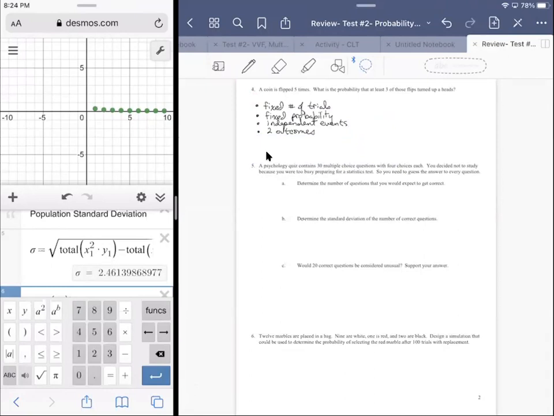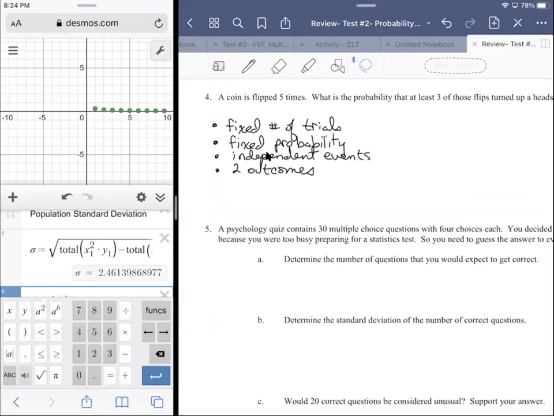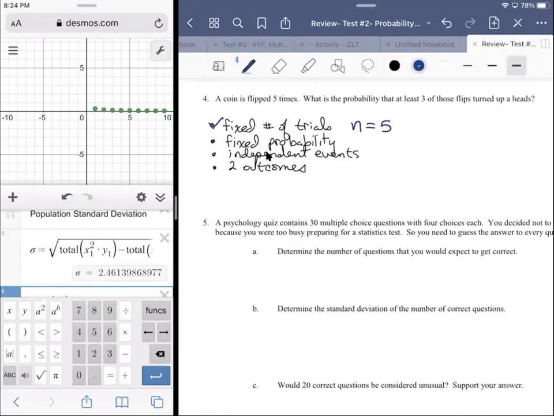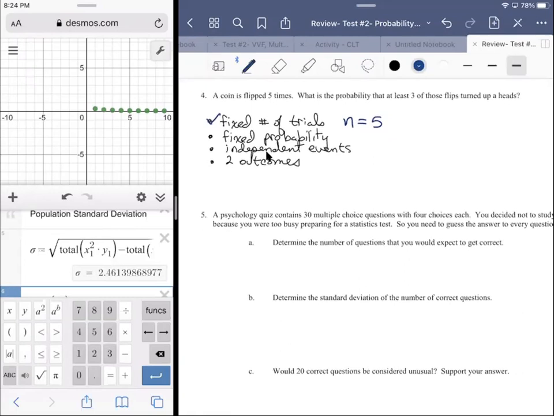All right, so fixed number of trials. Well, a coin is flipped 5 times. Sounds good to me. It means n is equal to 5. We've satisfied that bit of criteria. The probability that at least 3 of those flips turned up a heads. Fixed probability.